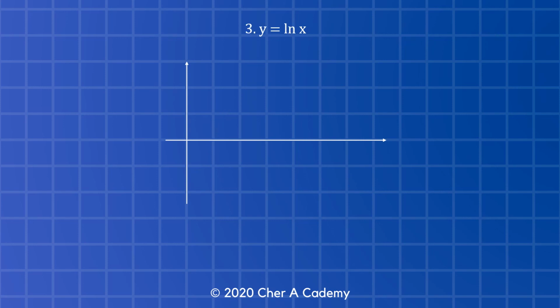Okay, final question. y equals ln x. So a recap, ln x is y equals log base e of x. If you key in the calculator to find the value of e, you can key in e to the power of 1, you will get 2.7182. e is 2.7182, which means that my a is more than 1.